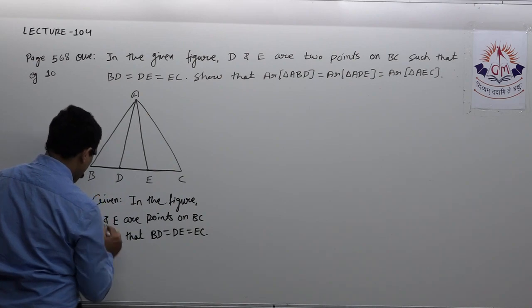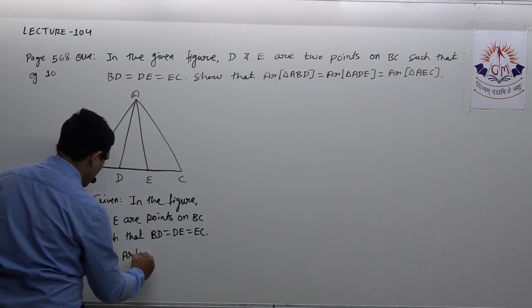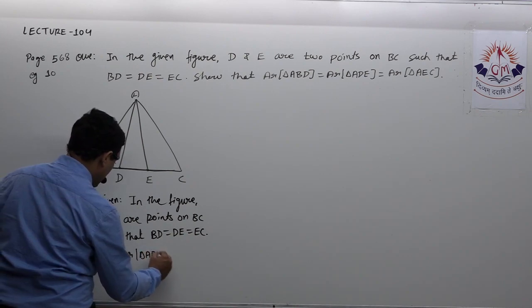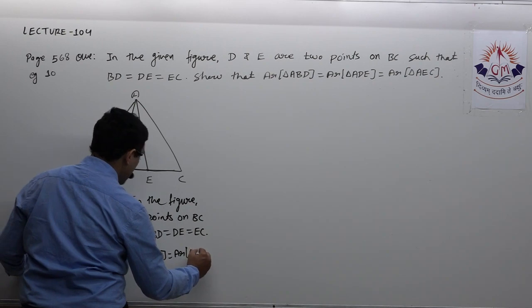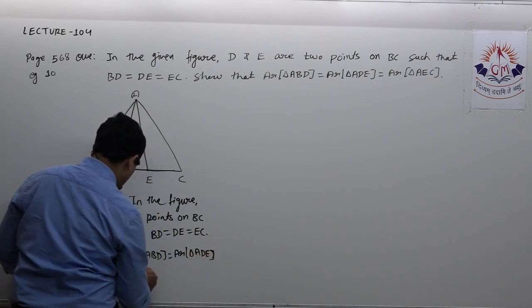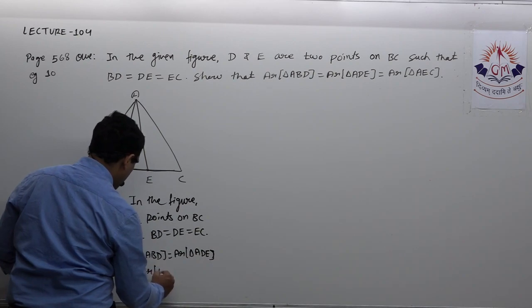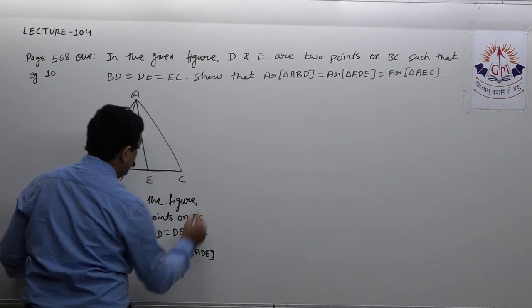Okay, it is given. What we have to prove: area of triangle ABD is equal to area of triangle ADE is equal to area of triangle AEC, that you have to prove.